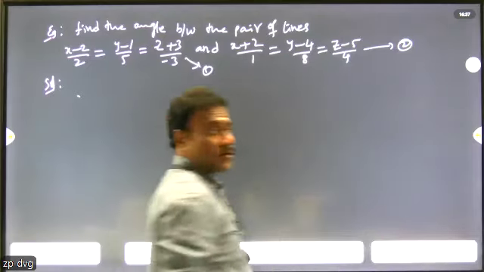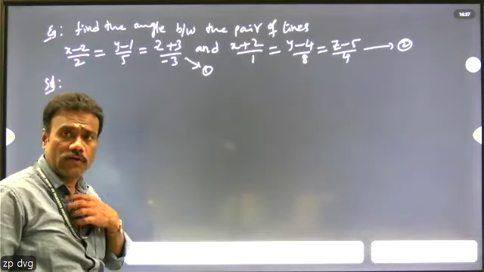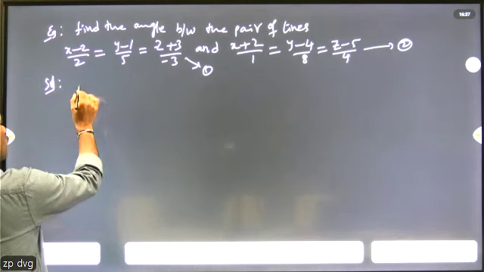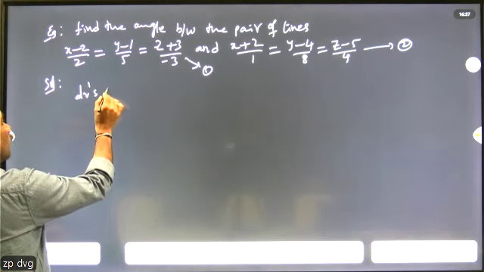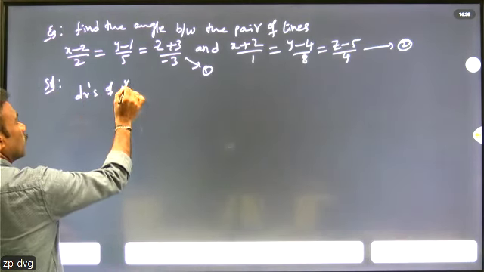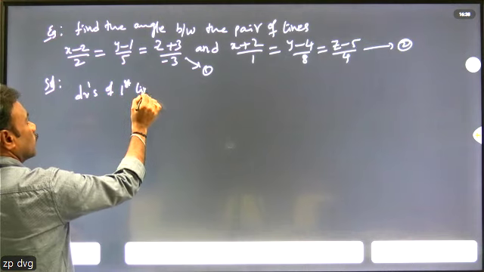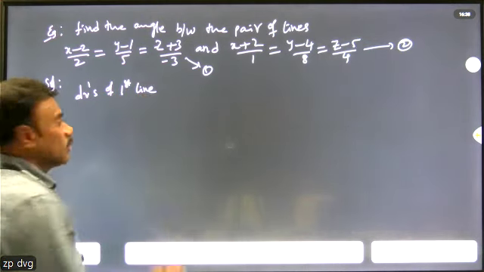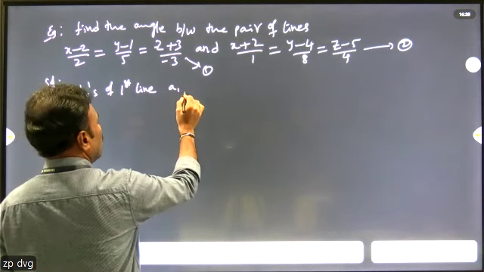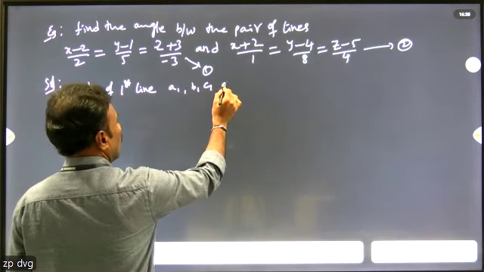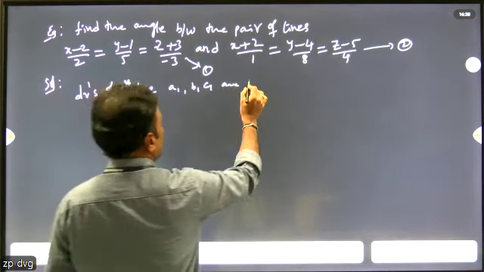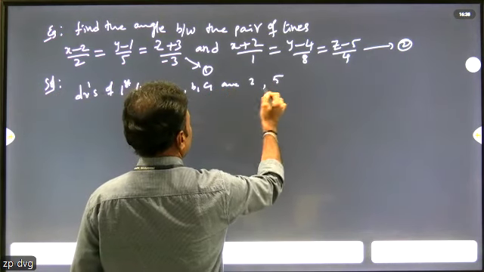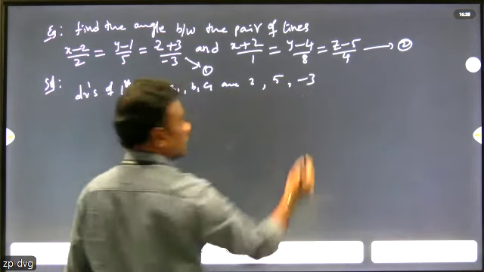The DRs of the first line, you can take as A1, B1, C1, or as 2, 5, and minus 3.